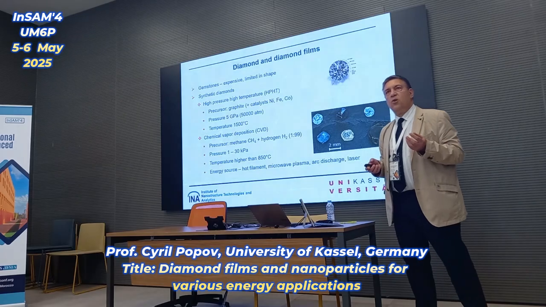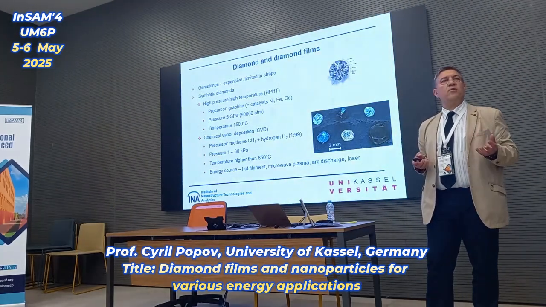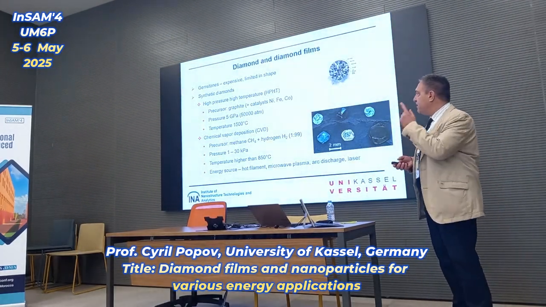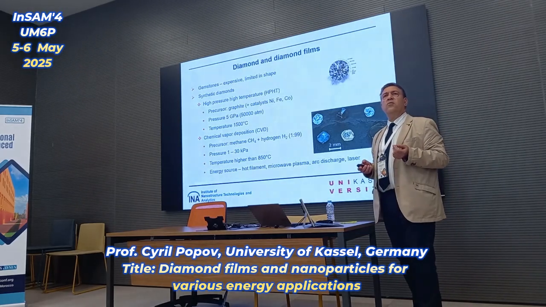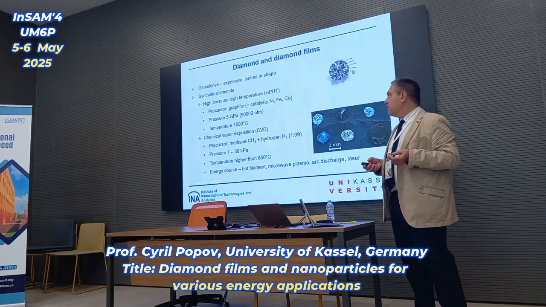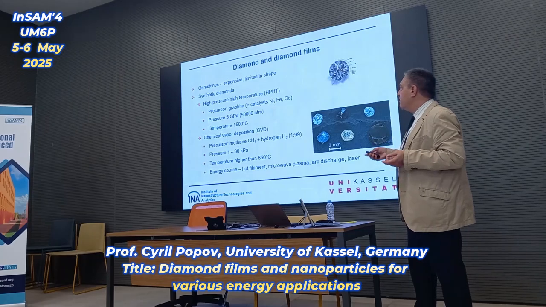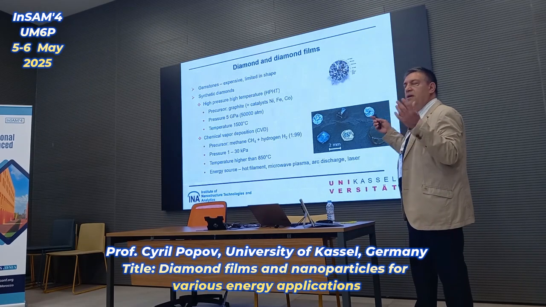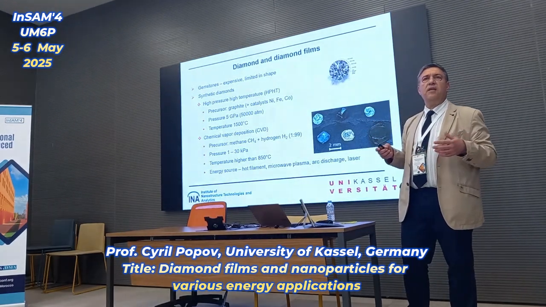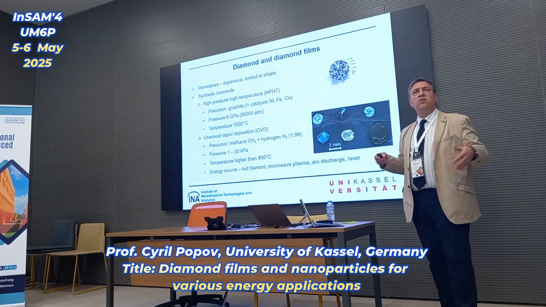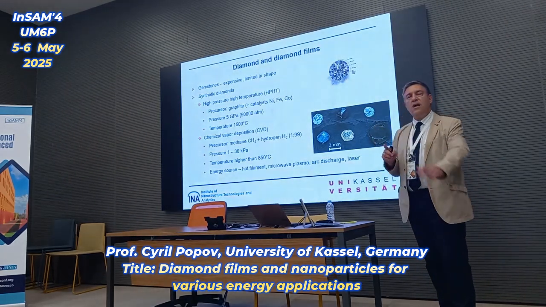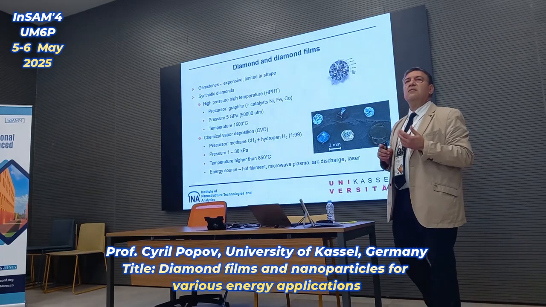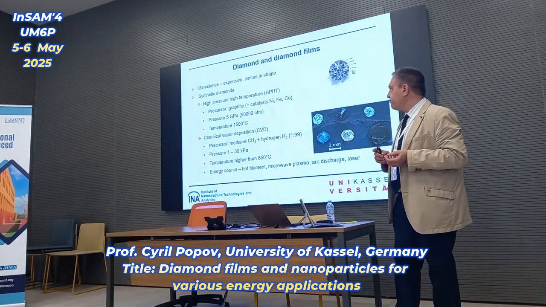The scientists copied the process from nature, and they applied high pressure and high temperature, starting from graphite, adding some metals as catalysts like nickel, iron, and cobalt, under conditions like those in the depth of the Earth. They were able, for the first time, to synthesize diamond from graphite.